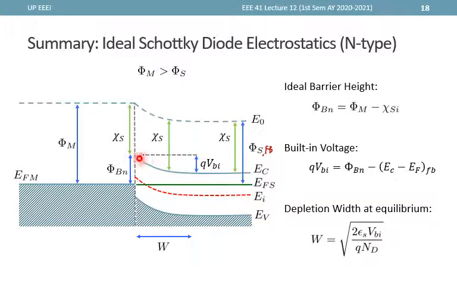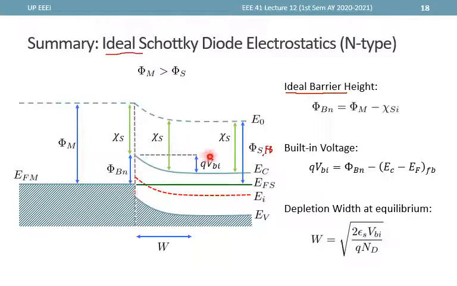Now the bending at this interface, assuming that we have an ideal Schottky diode, the barrier height is simply dictated by this one. Vm minus chi would give us the barrier height.